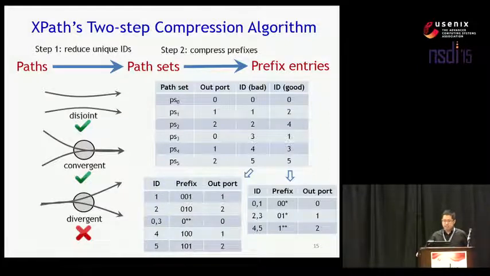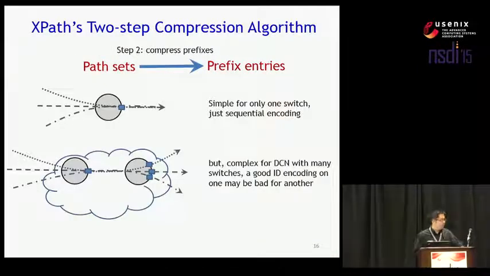A good path ID assignment can lead to a concise routing table through prefix aggregation, while a bad ID assignment cannot lead to a concise routing table. Step 2 is the challenging part of our two-step algorithm. I will use another slide to describe the problem.